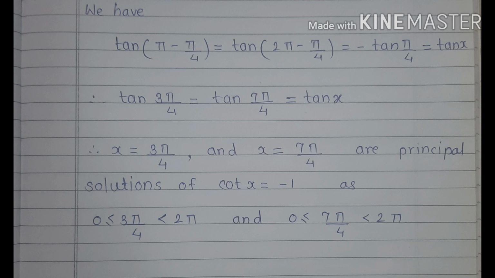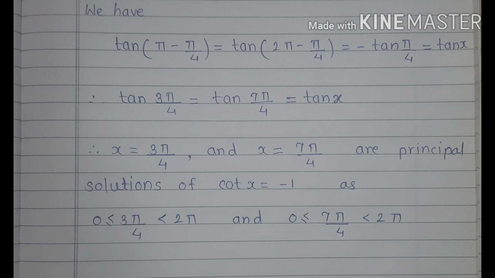Therefore, we have tan of pi minus pi by 4 is equal to tan of 2 pi minus pi by 4 is equal to minus tan pi by 4. But minus tan pi by 4 is equal to tan x. Therefore, tan of 4 pi minus pi, that is 3 pi upon 4, is equal to tan of 8 pi minus pi, that is 7 pi upon 4, is equal to tan x.